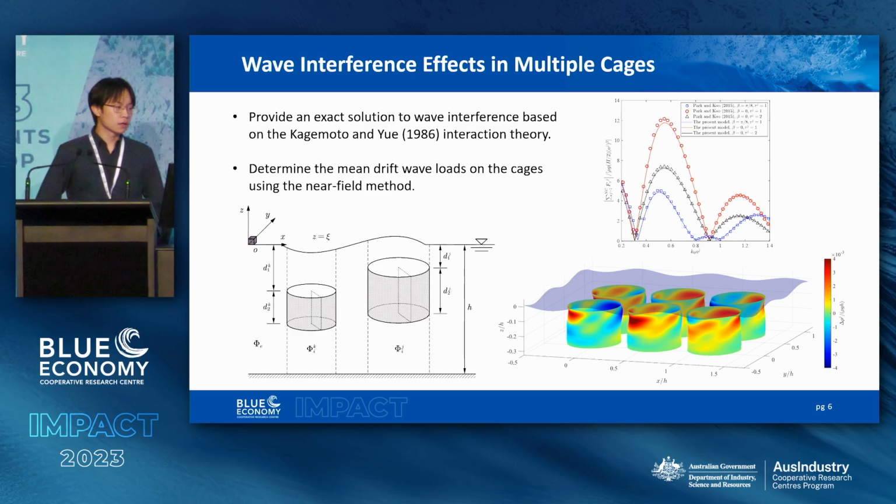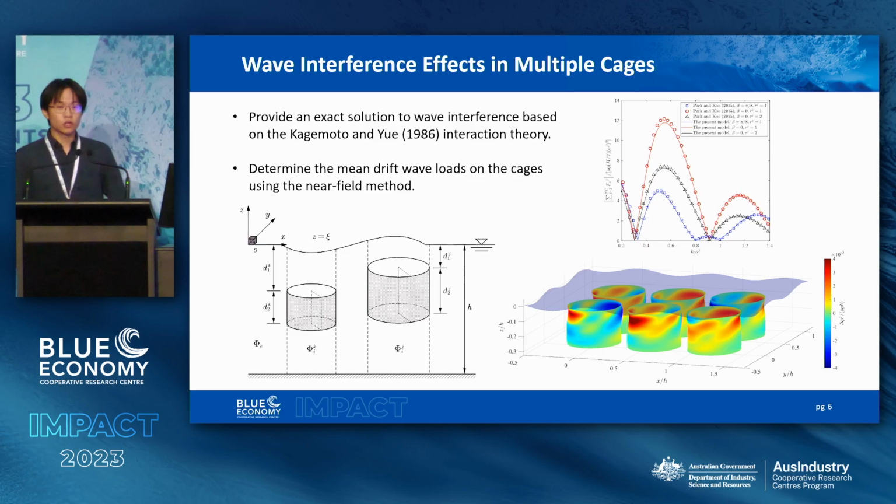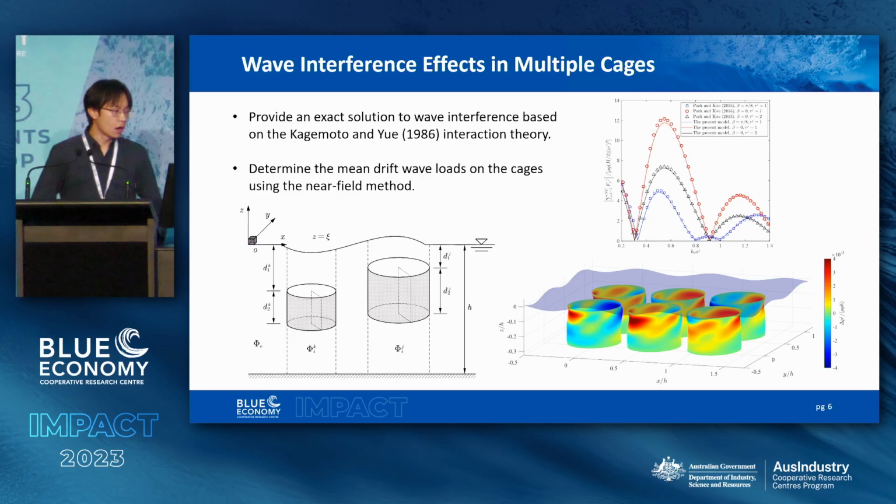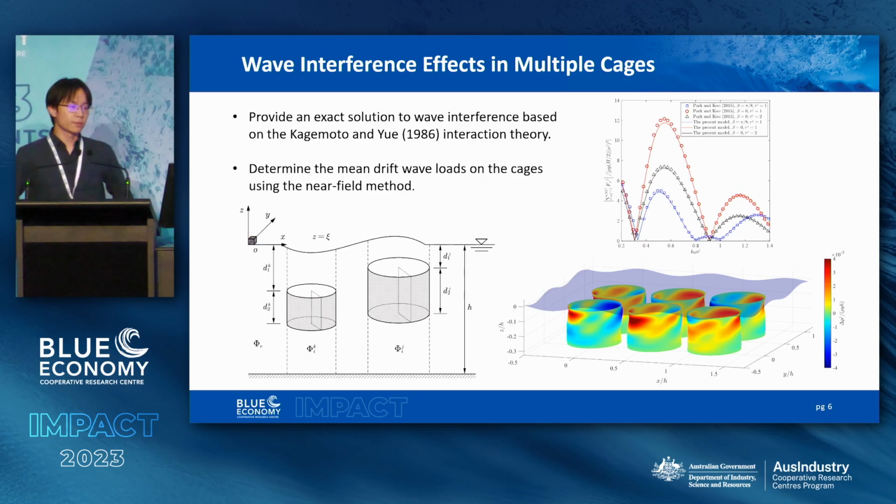Herein, we use the Kagamoto and Yue interaction theory to determine the exact solution of the wave interference, and the mean drift wave loads could be determined using a near field method. Our model has been validated against other studies, and there is very good agreement, proving our model is reasonable.